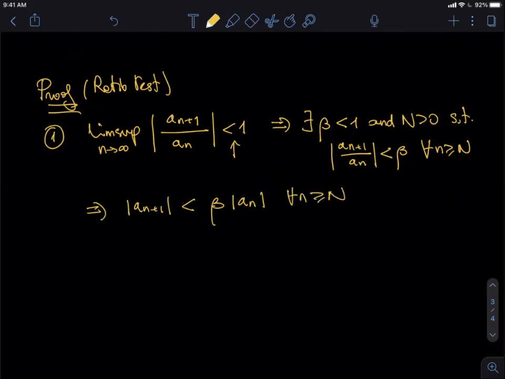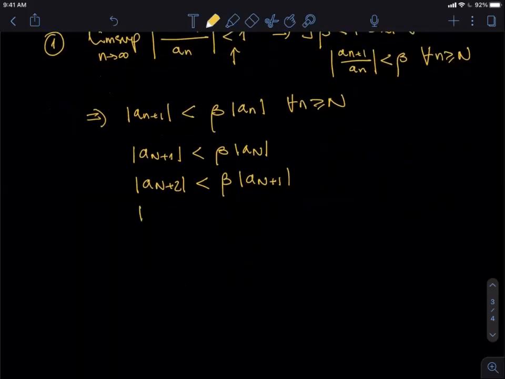So in particular, we can say, well, a_{N+1} is less than beta a_N. a_{N+2} is less than beta a_{N+1}. a_{N+3} is less than beta a_{N+2}, and so on, right? But notice here that I can apply the previous inequality every time.